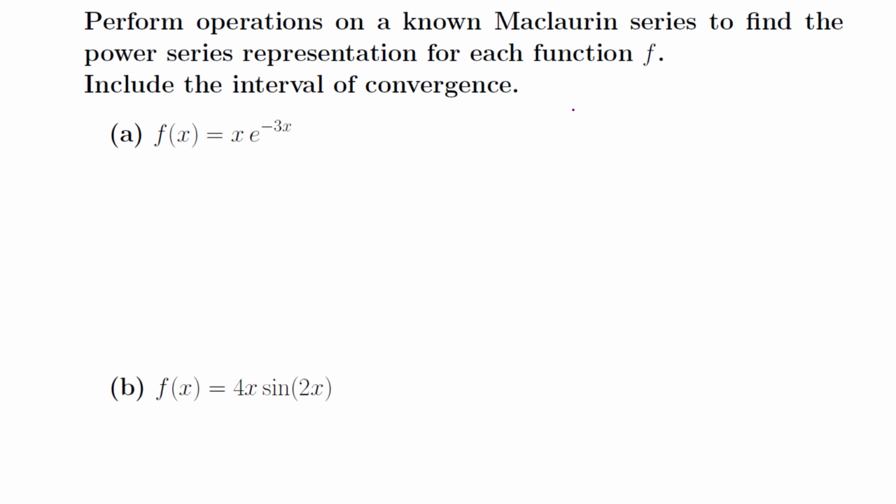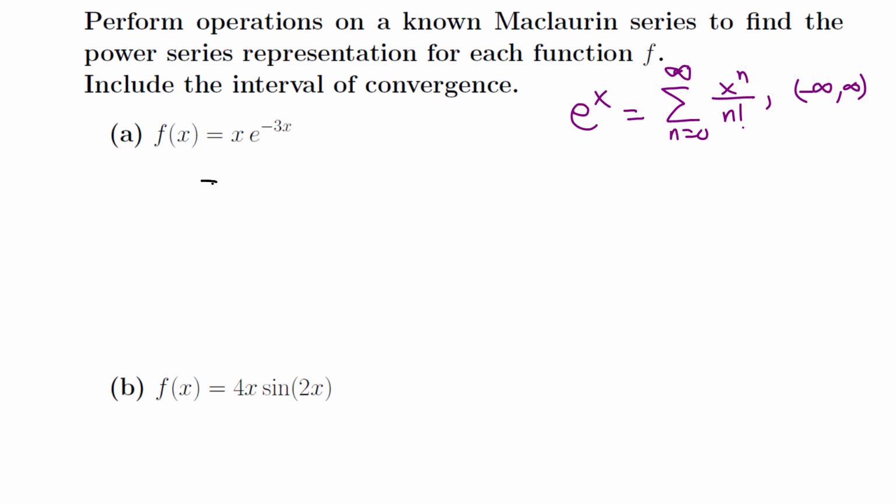We know the Maclaurin series for e^x, which is the sum from n equals 0 through infinity of x^n over n factorial, and it converges for all real numbers. Okay, we know that part. Now we need to find the power series for this.